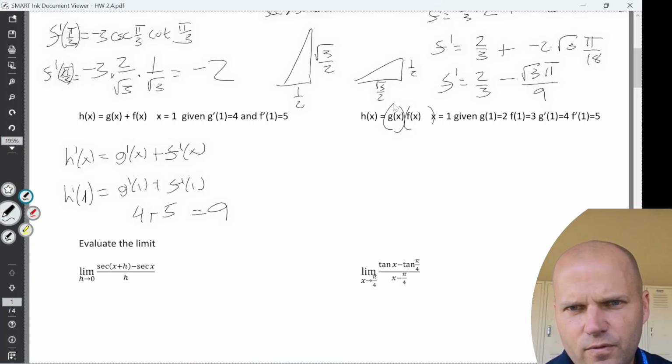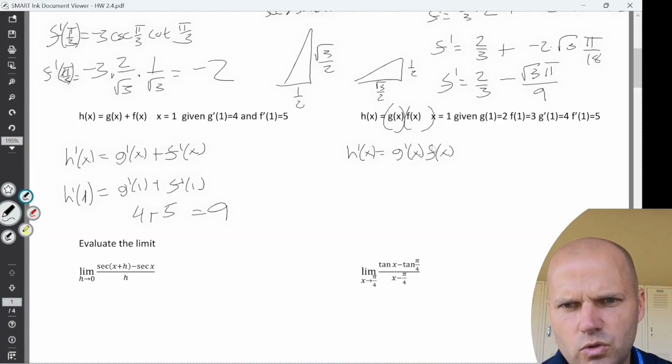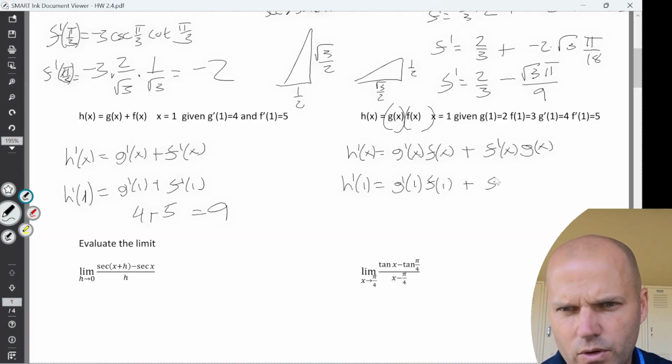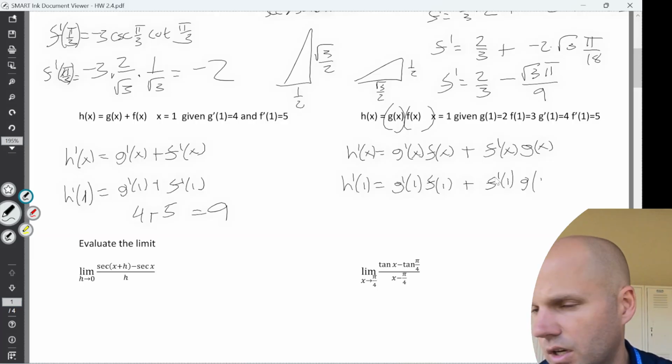But what if you have a product? Again, this is like a notational derivative, just keeping you ready to use your rules. Slopes of g times f plus the slopes of f times g. That's the slopes of the first times the second, plus the slopes of the second times the first. Plugging in 1. G slope at 1 times f at 1. That's the y-coordinate. F slope at 1 times g of 1.